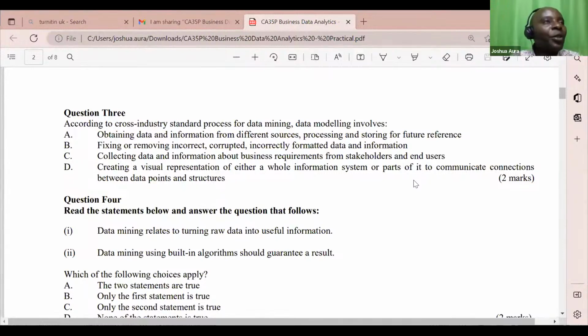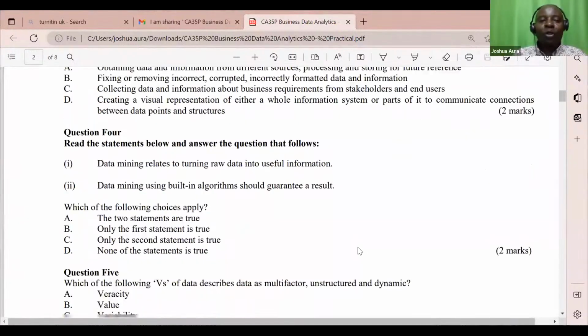The good thing with these multiple choice questions at times is you can also use the elimination technique. Most of these things will become clearer as we go on, because I'm going to look at each of those 6 components of the CRISP model. But before I do that, through guesswork, look at question 4. This is pure guesswork.